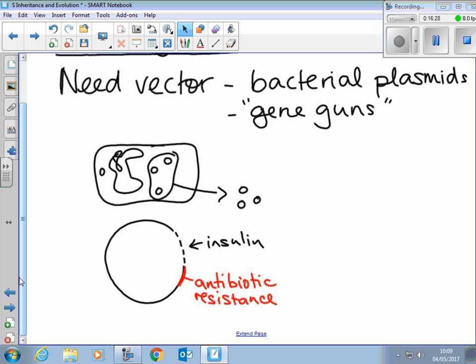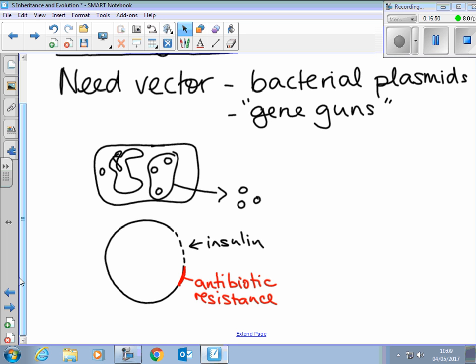T1 plasmid. Now, the T1 plasmid is, usefully, for us, for GM purposes anyway, what that bacterium injects into plant cells to cause tumours. So you've immediately got a mechanism for delivering DNA into plant cells.